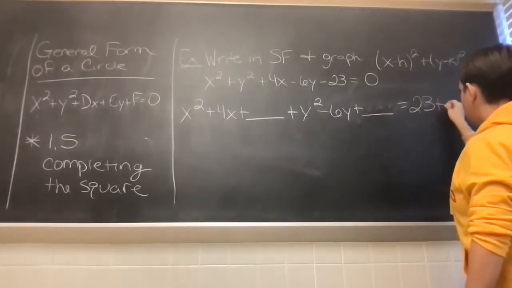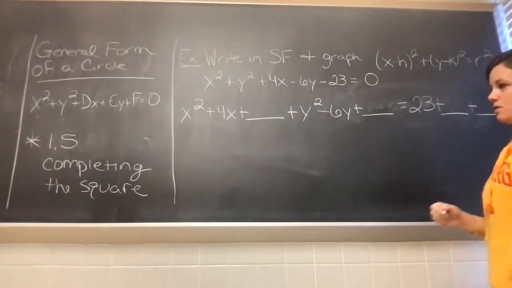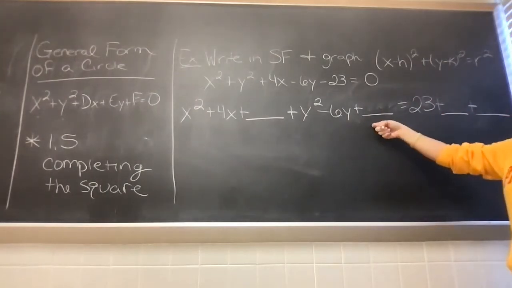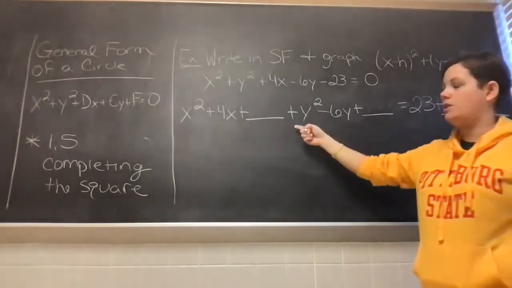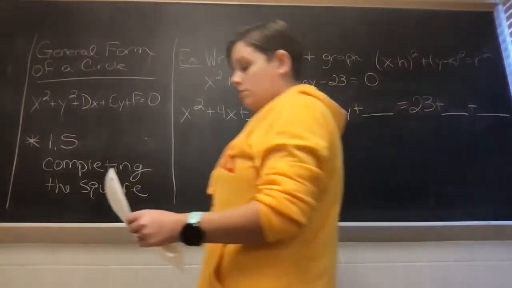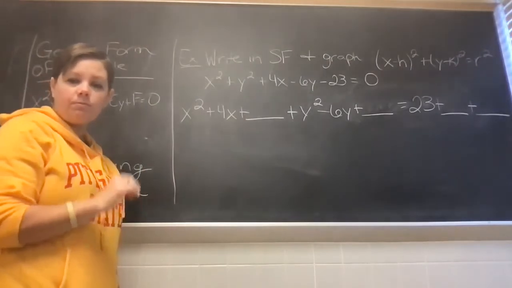And then I'm going to put plus space plus space. There's a space here and a space here, because whatever I do on the left-hand side, I have to do on my right-hand side to keep it balanced.